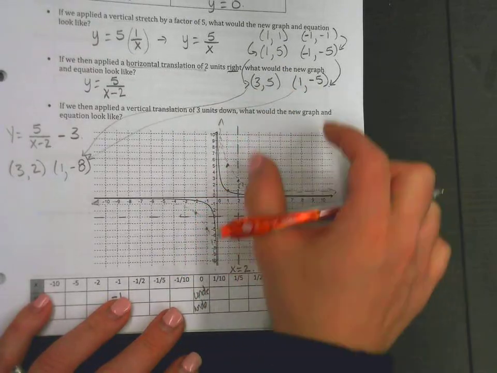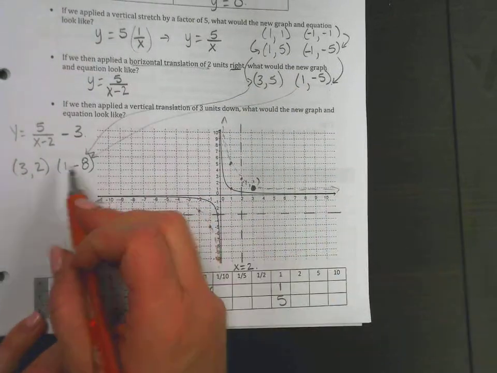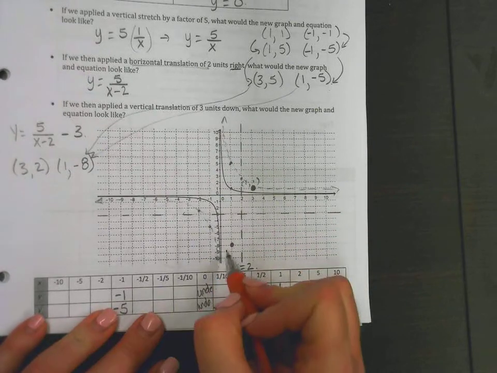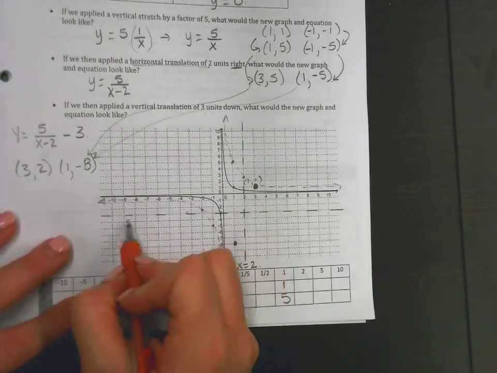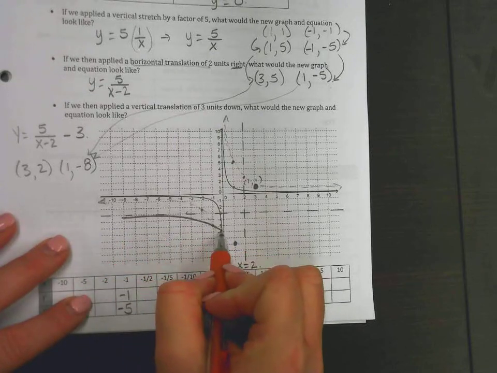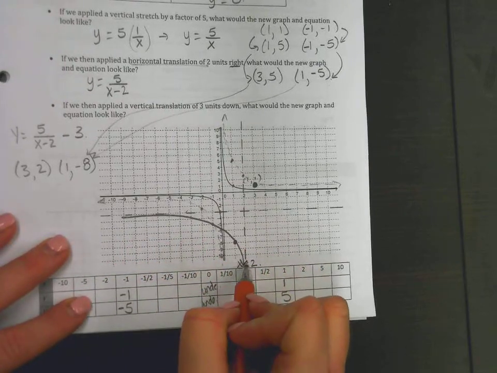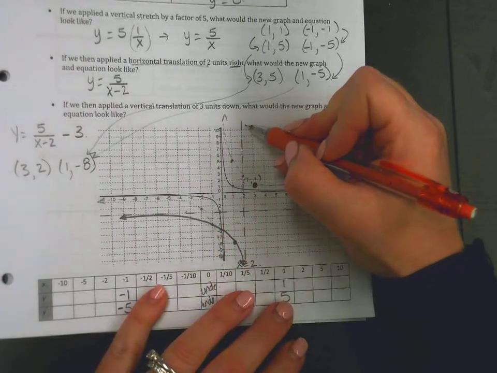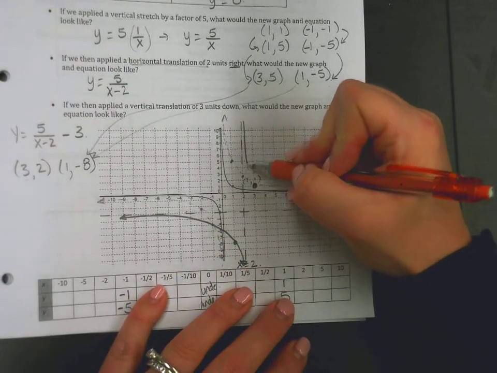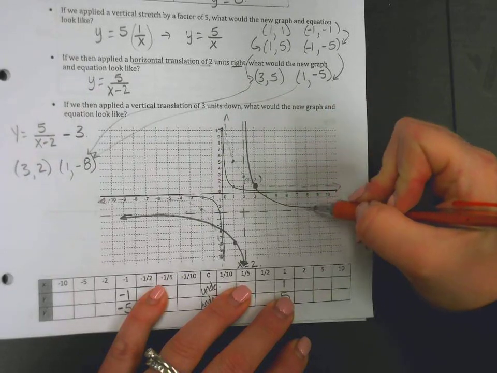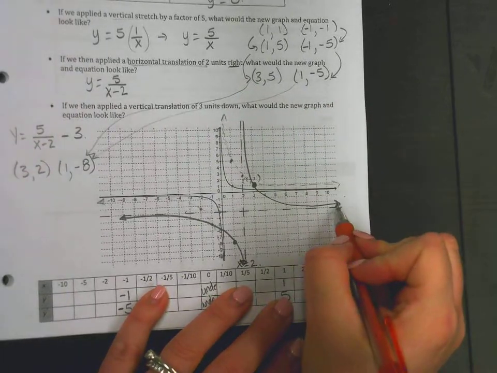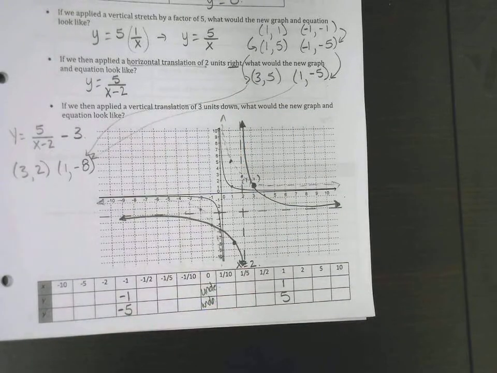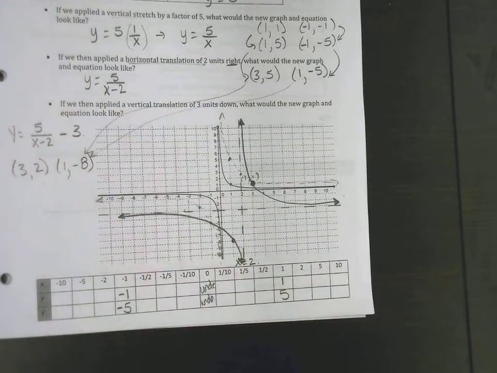Something like this. And then the same thing here. After that stretch and then 2 transformations, this is what our graph is going to look like. So this is what our new equation would look like with our vertical asymptote at x equals 2 now and our horizontal asymptote at y equals -3.